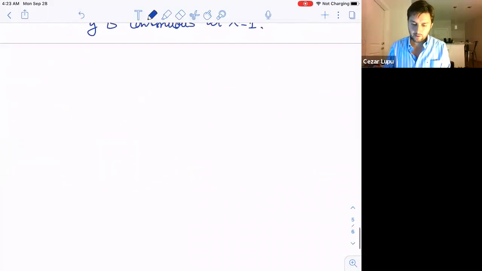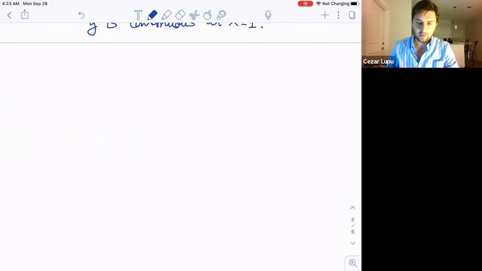some theory. So I would like to talk about some theorem regarding continuous functions. And the first theorem that I have in mind is the following.